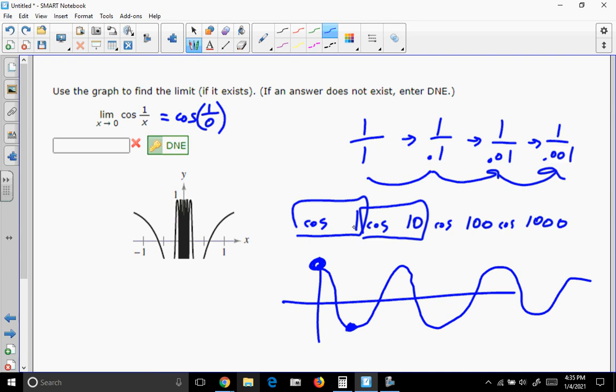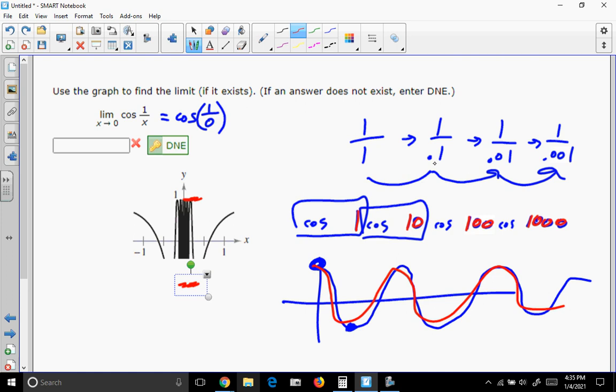But as our x gets closer and closer to 0, the inside of cosine is getting bigger and bigger and bigger, which doesn't drive us to anything. It just oscillates back and forth between positive 1 and negative 1.